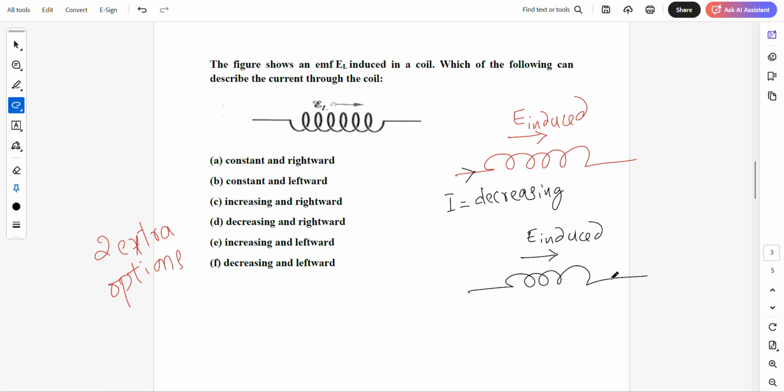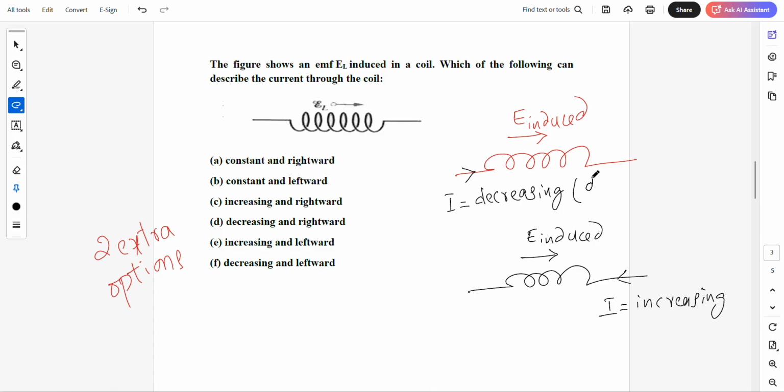This will be in the opposite direction, I is increasing. Correct, because it opposes increasing. How many options are possible? See, the current is going here, I decreasing. I is decreasing and going rightward.